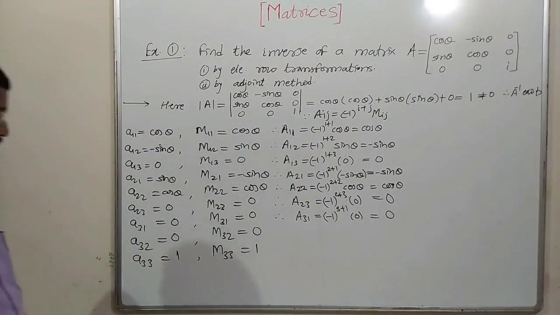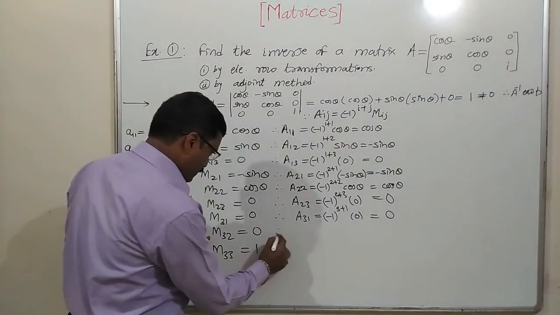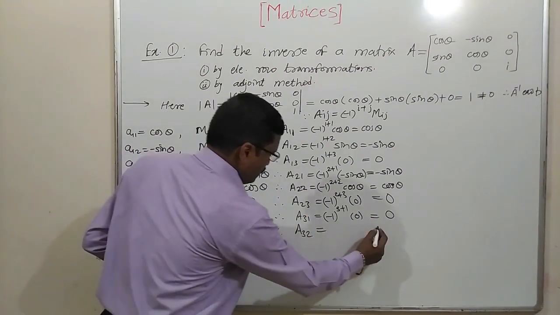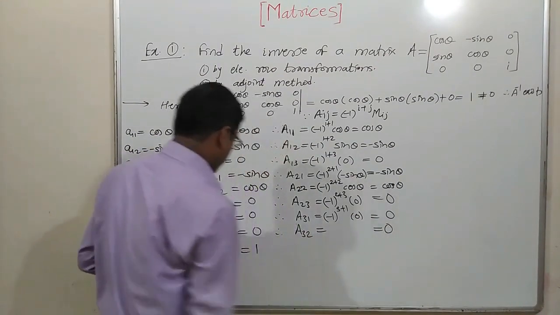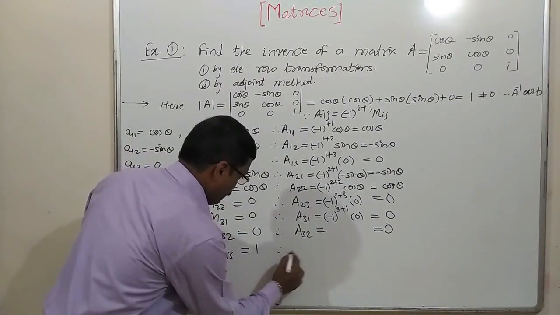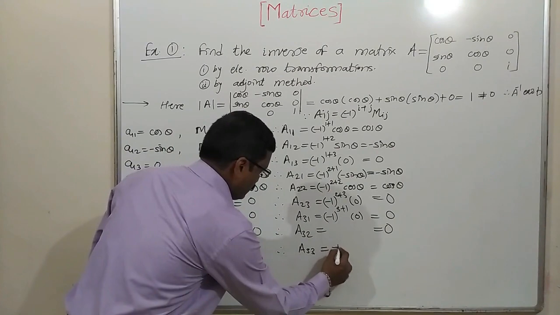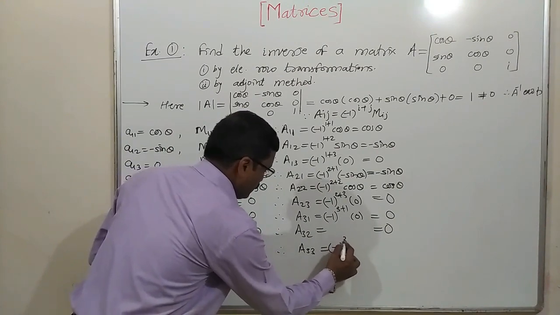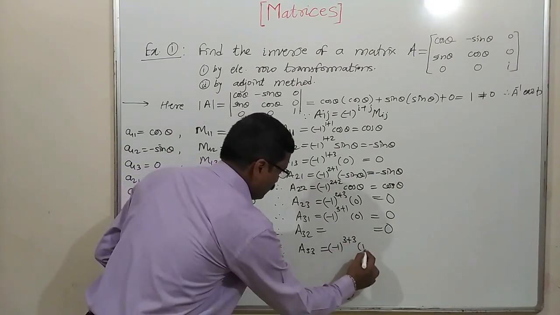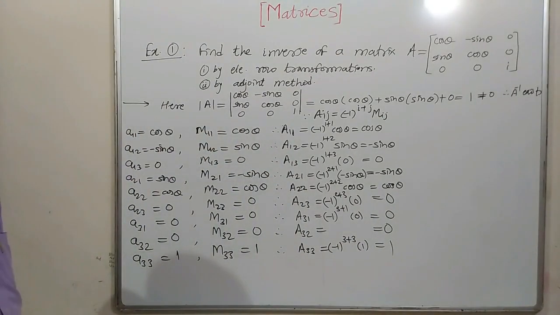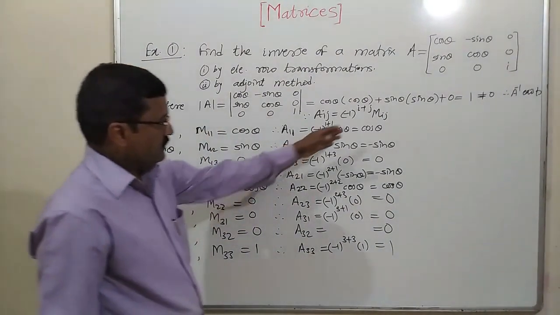So cofactor will be also 0. Minor is 0 here similarly, so its corresponding cofactor will be also 0. And last one, minor is 1, so cofactor will be minus 1 raised to 3 plus 3, that is 6, into 1, that is again 1. So in this way we found all these cofactors.